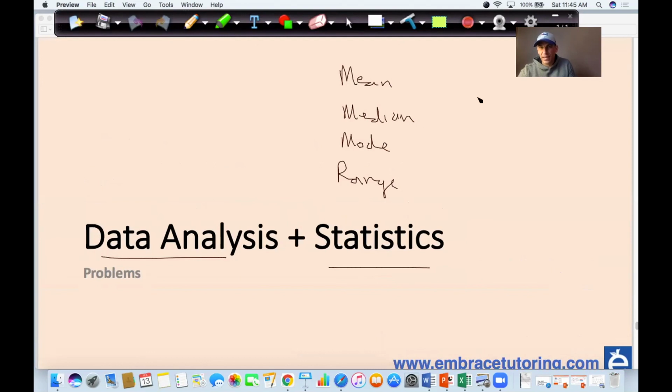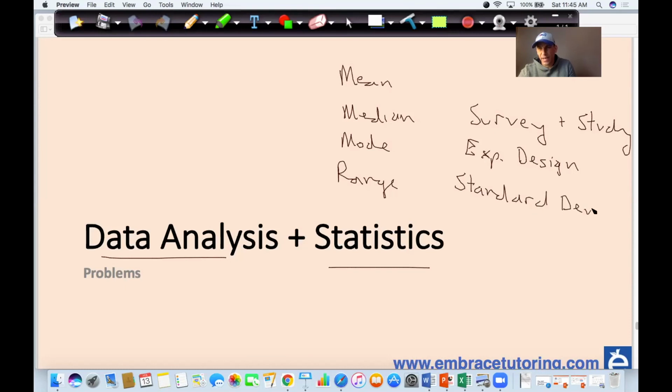You will often get survey or study questions, which is what we're about to walk into, on how best to conduct experimental design, essentially. And then every once in a while you might even have questions regarding standard deviation, scatter plots, things of that nature, okay? So what we're about to do now is a survey and study question.